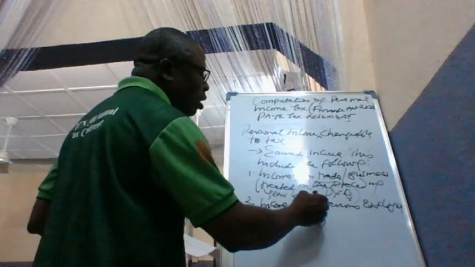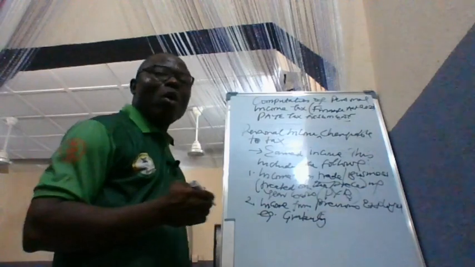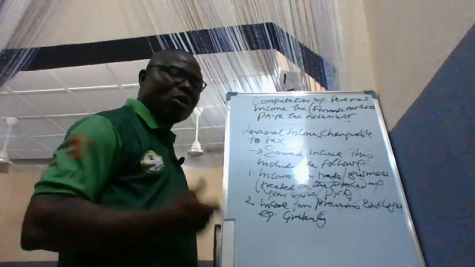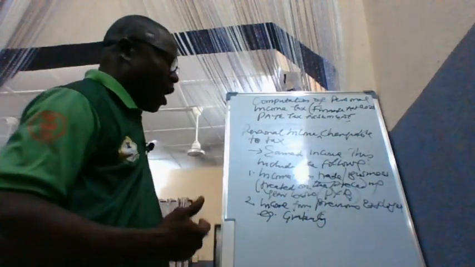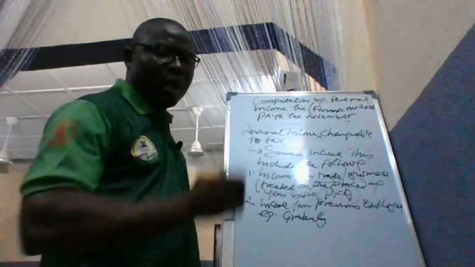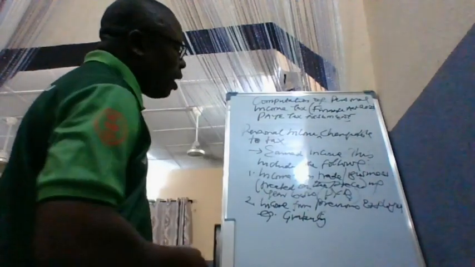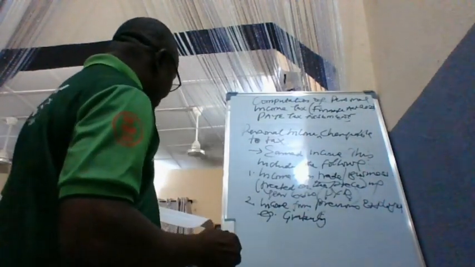Gratuity is a sum of money given to a retiring staff who has served in an organization for several years. At the point of exit, this money is given to him in a lump sum. That's gratuity, the income from the previous employment.